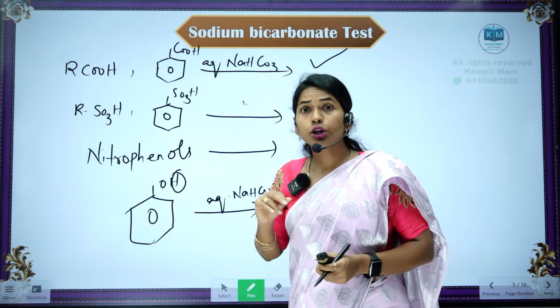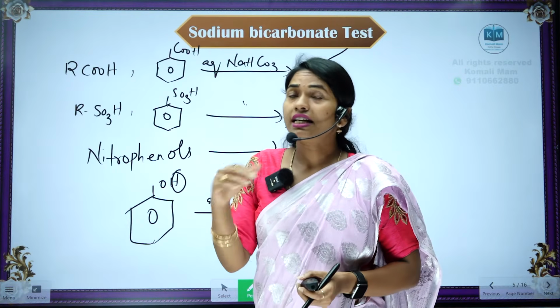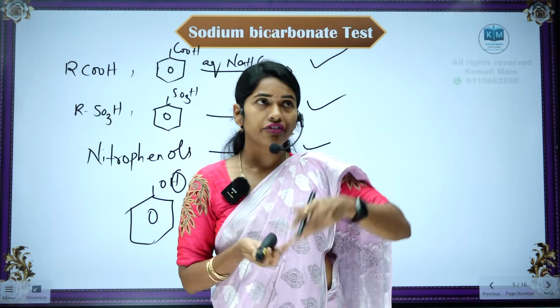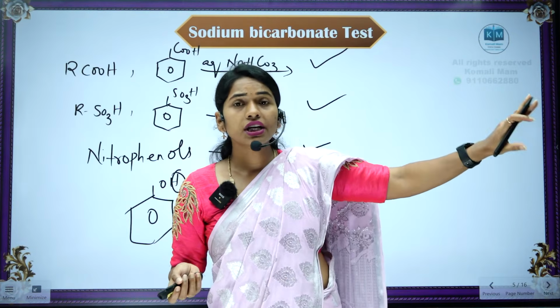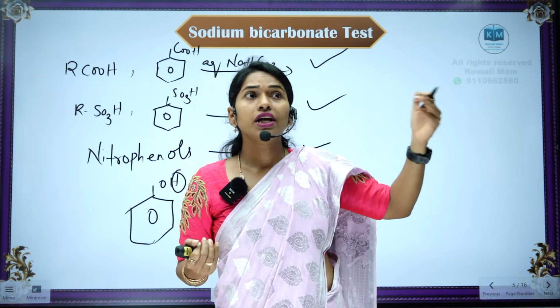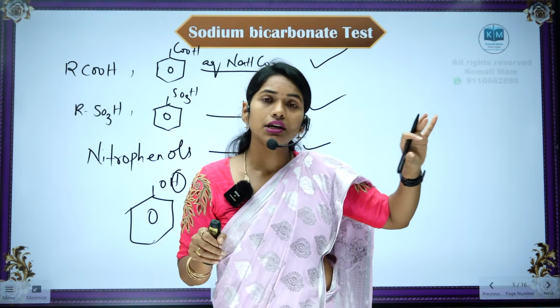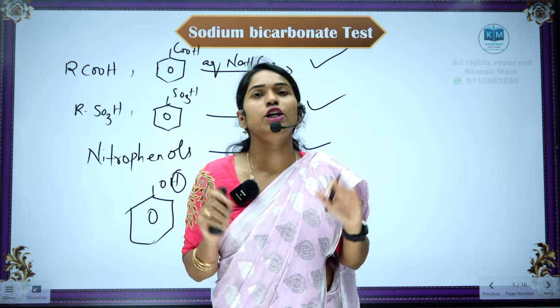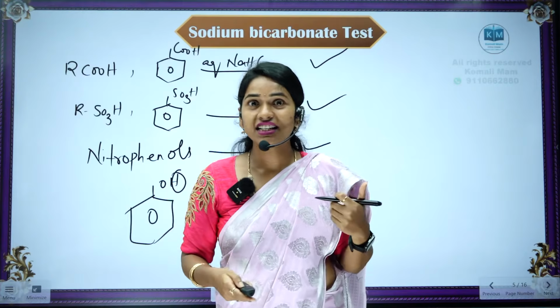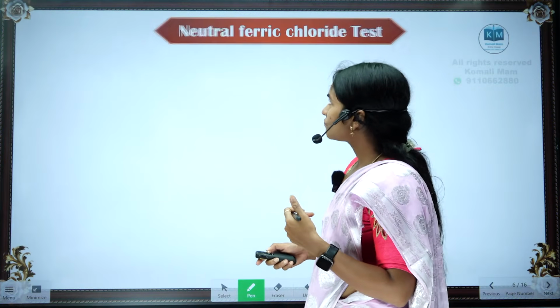So if they ask which test will help us differentiate between benzoic acid and phenol, benzoic acid gives the test with aqueous NaHCO3, but phenol doesn't. Easy. Got the clarity?